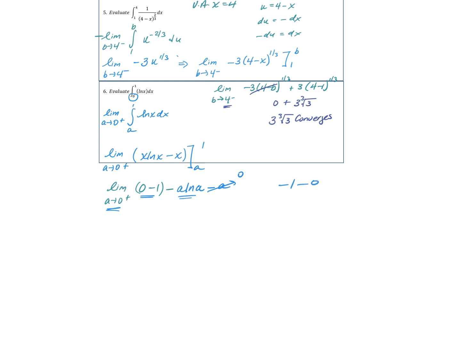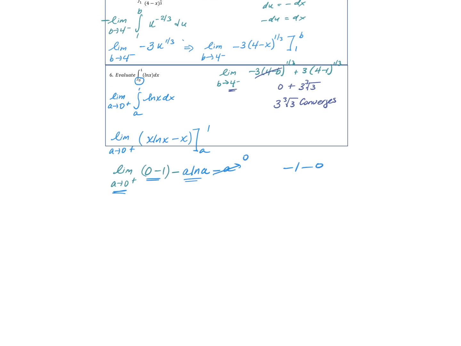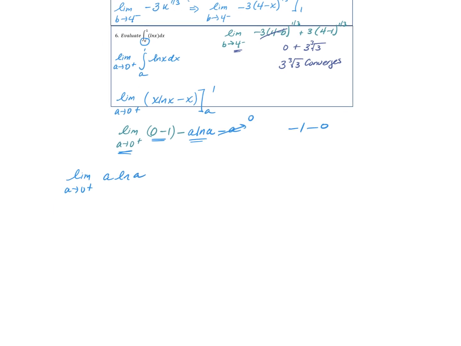Now I need to deal with this. So it's a ln of a as a goes to 0 from the right-hand side. So we get that 0 times infinity idea. So we can turn this into a L'Hopital.